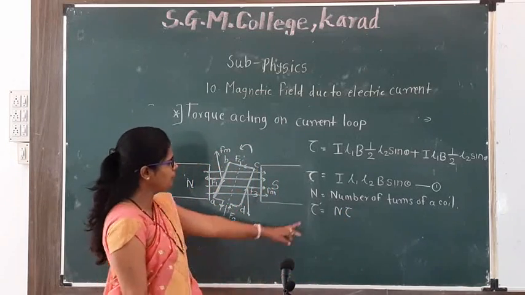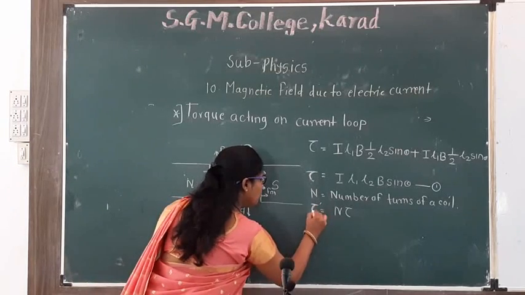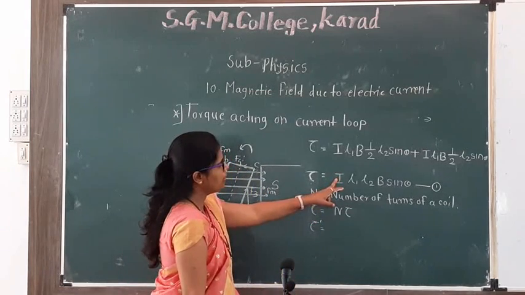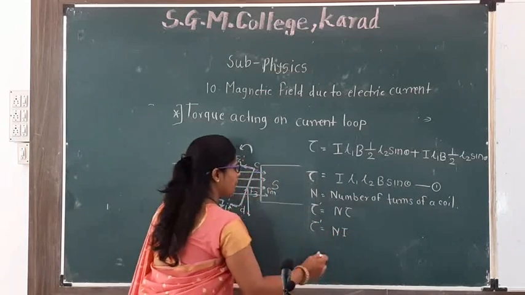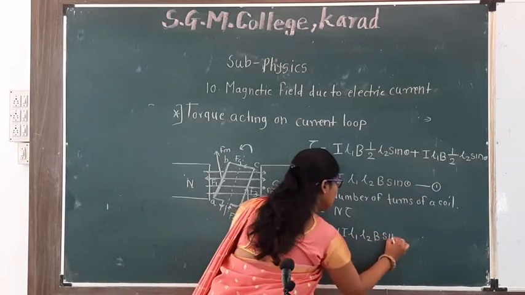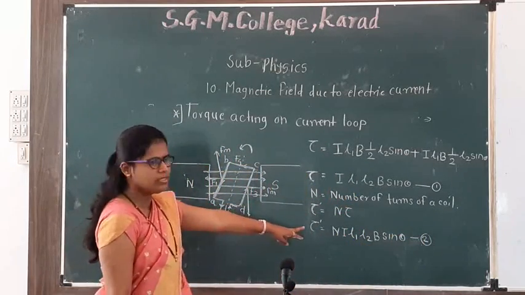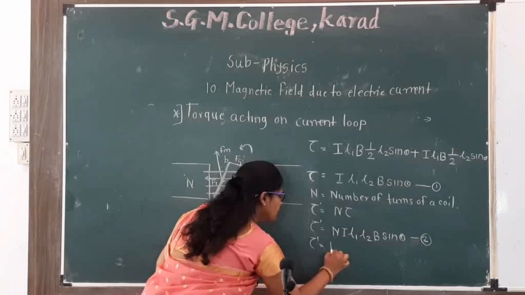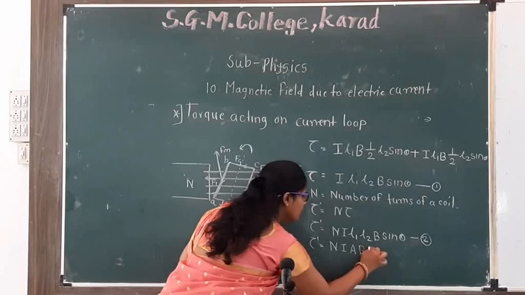Substituting the value of tau, we get tau dash equals n I L1 L2 B sin theta. This is the equation for net torque. Therefore tau dash equals n I A B sin theta.